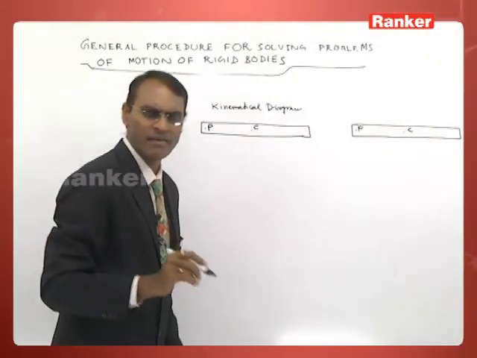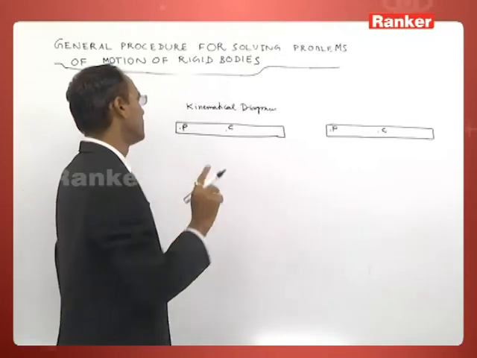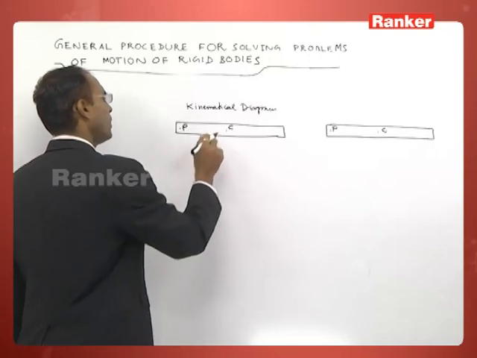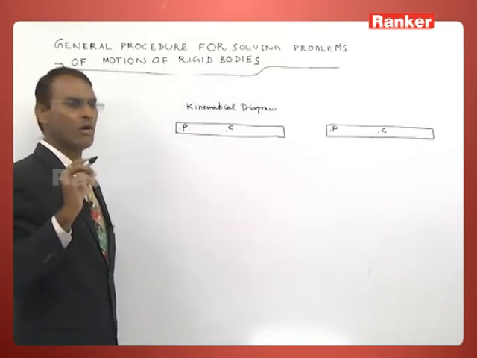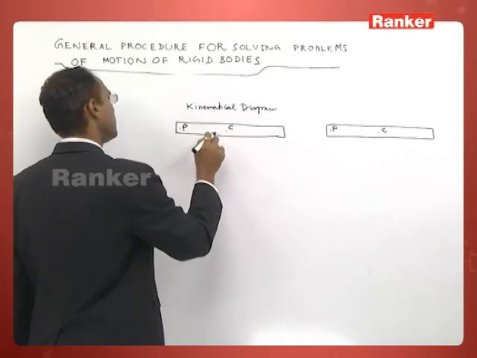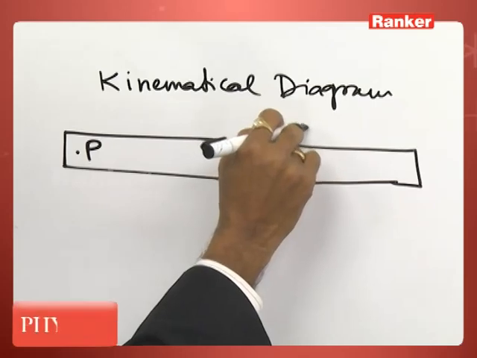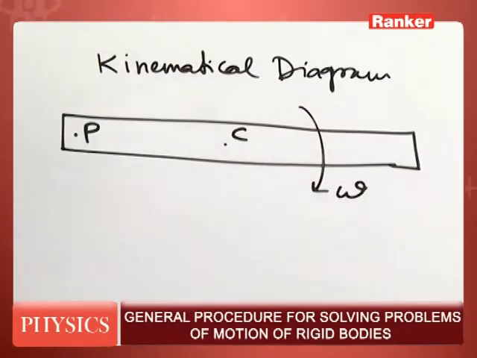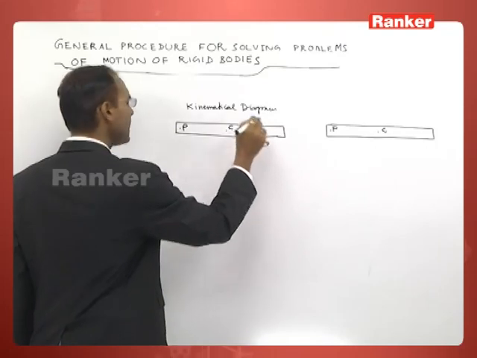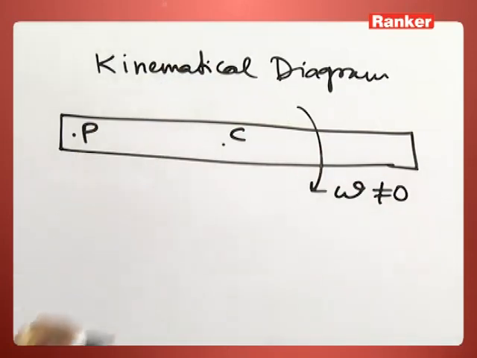In the kinematical diagram, you should not write the forces and torques. You should only mention the velocities and accelerations. Here omega is given initially. Let us assume that there is a non-zero angular velocity.